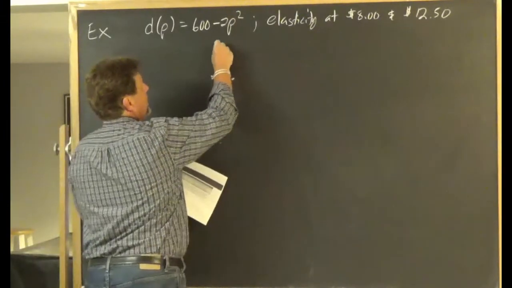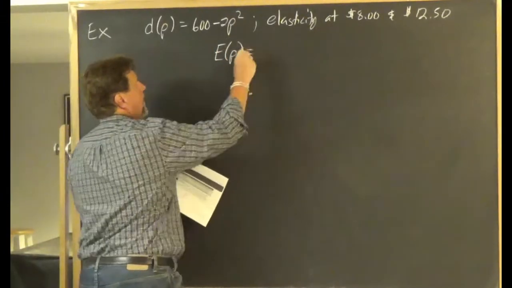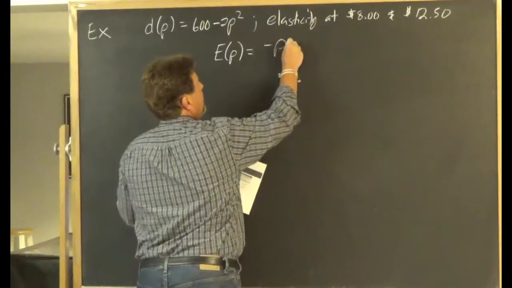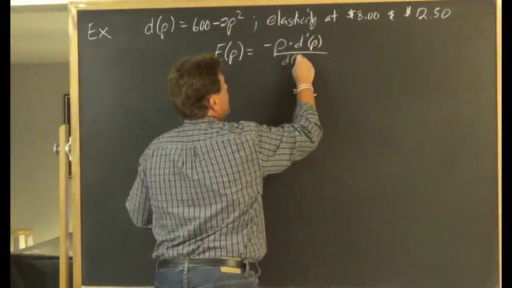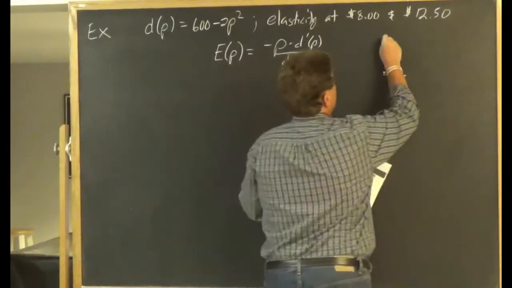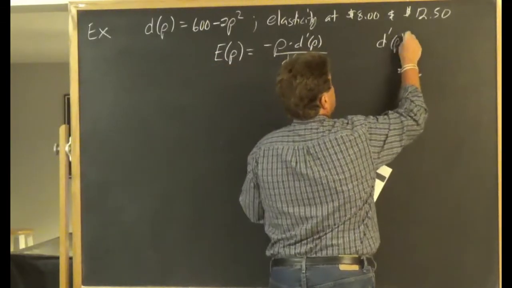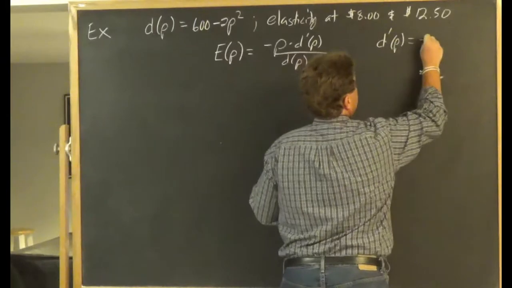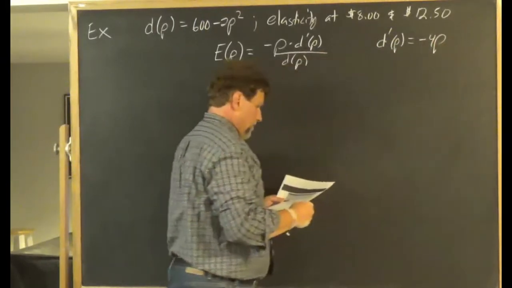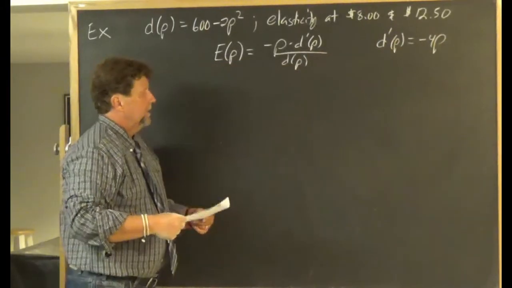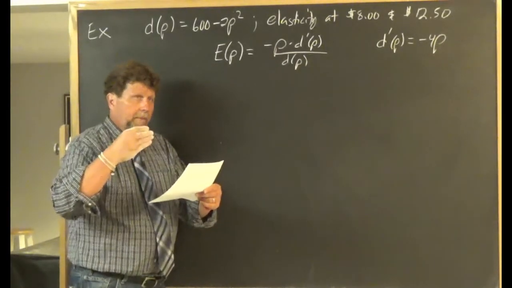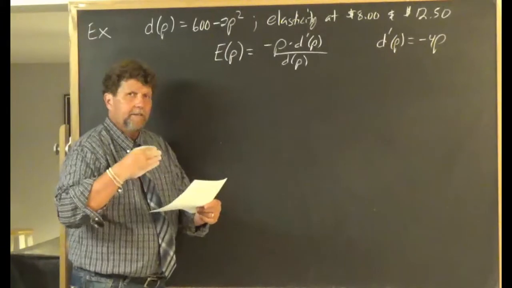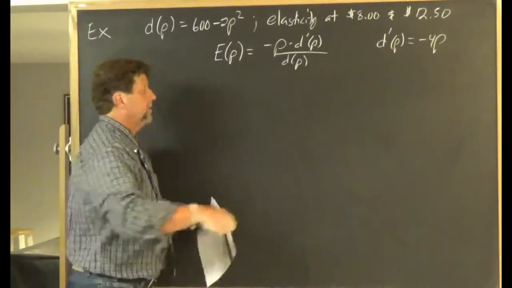So remember, let me write it down one more time. Elasticity of demand is equal to negative P times D prime of P all over D of P. Here, D prime of P is a negative 4P. So let's get our elasticity of demand in general.